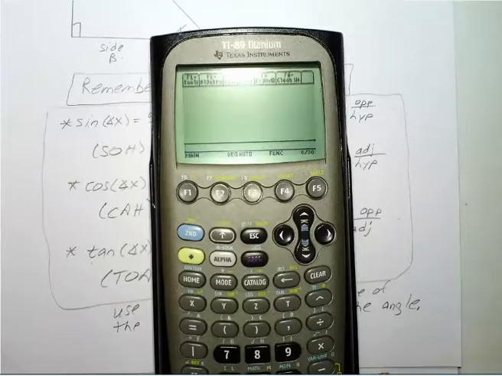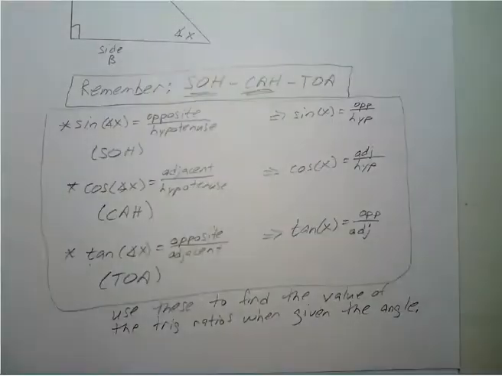Because if it's on radians and you're plugging in degrees, you are going to keep getting the incorrect answer over and over and over, and you will not know why. And I can tell you why. Because your calculator is set to radians and not degrees. Now, if you have a radian angle, then that's perfect. But we are going to be dealing with degrees, so you want to make sure your calculator is set to degrees.